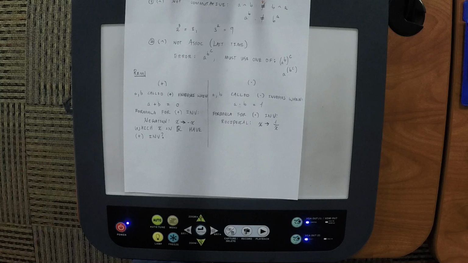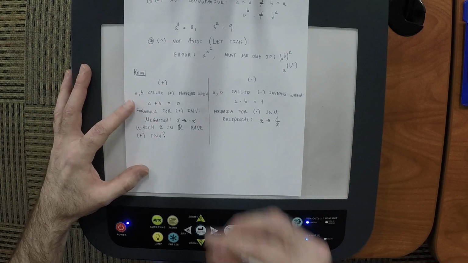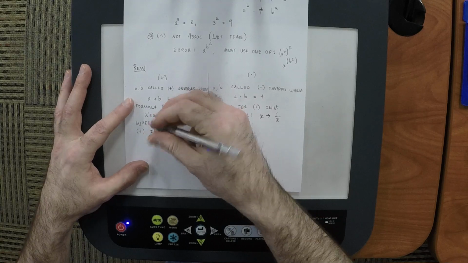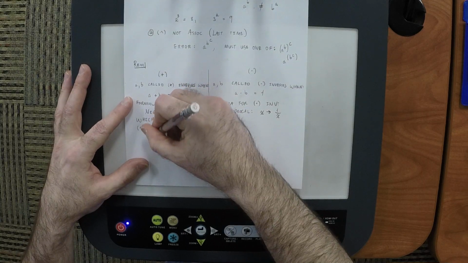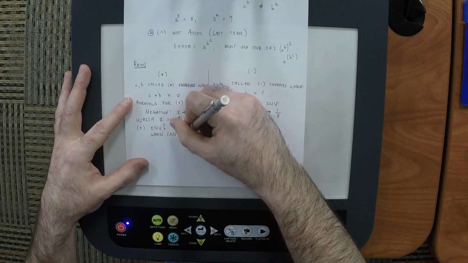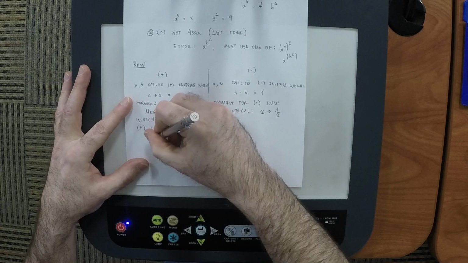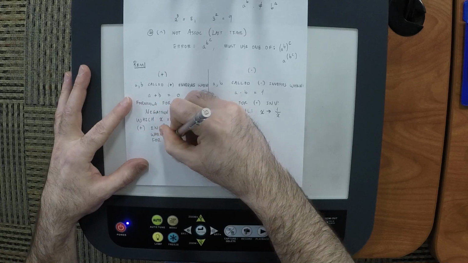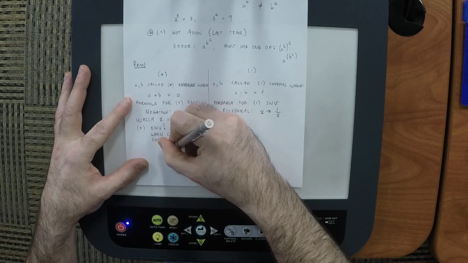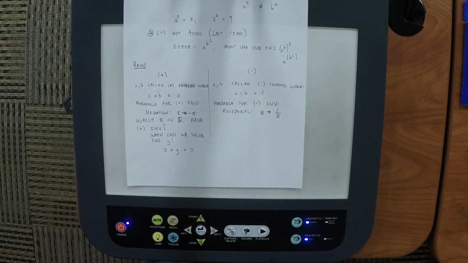Translating that into a math question, you're asking, when can we solve this equation? So when can we solve for y? In this equation, x plus y equals 0.